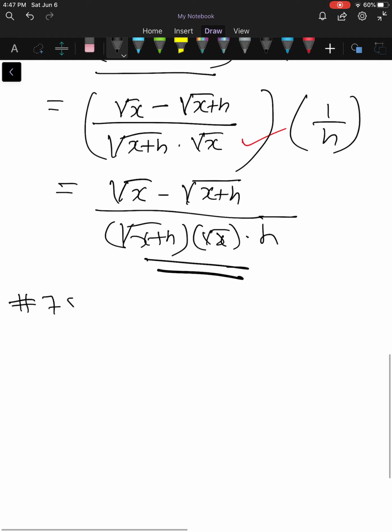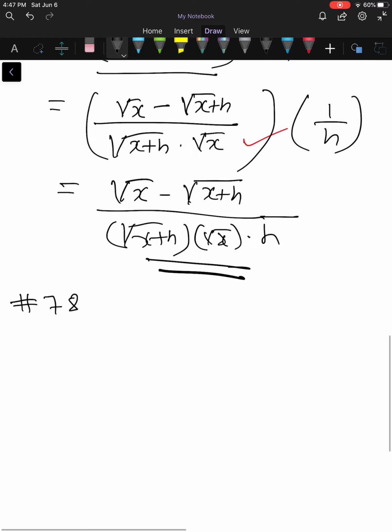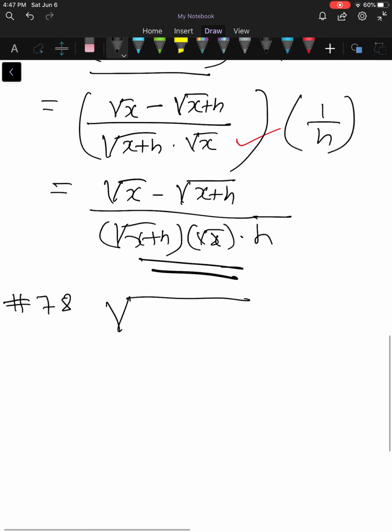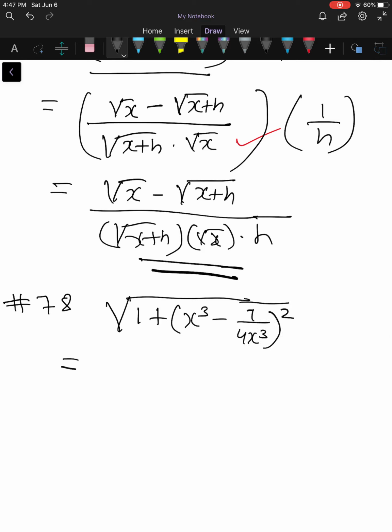Now next problem, number 78. It says simplify this one: square root of 1 plus x cube minus 1 over 4x cube, whole square.